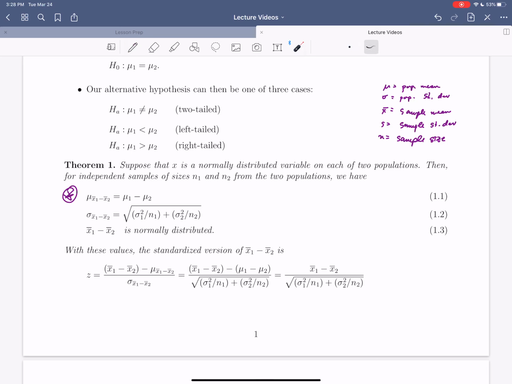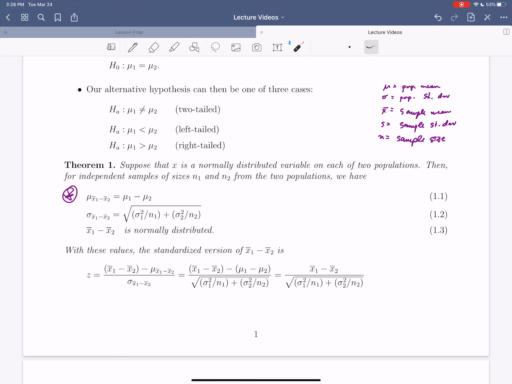So we're going to look at the two different samples, and the two different samples will have whatever sample means are associated with them. So x1 and x2 are going to be the sample means. And if you look at the difference of those sample means, that's going to be our mean variable here. That's going to play the role of our mean.